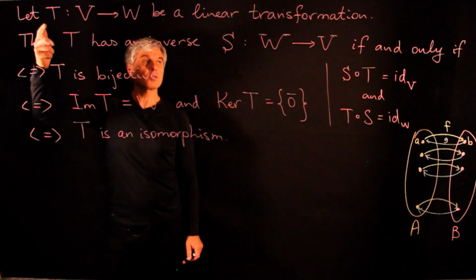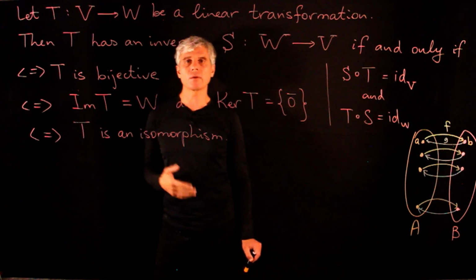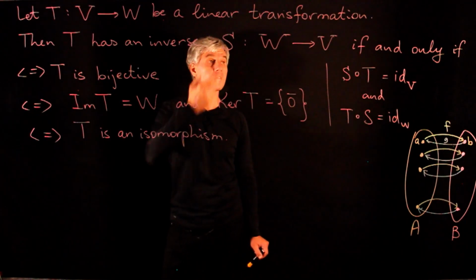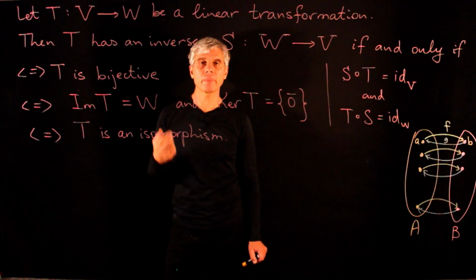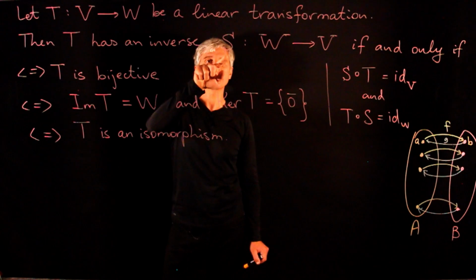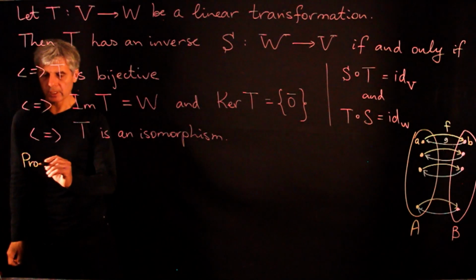If T is a linear transformation which is bijective, then from the general theory of invertible functions, we know that T has an inverse function, S. But we also would like to establish the fact that S is in fact a linear transformation. So, proposition.